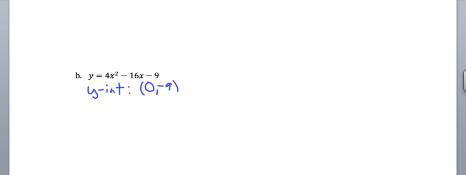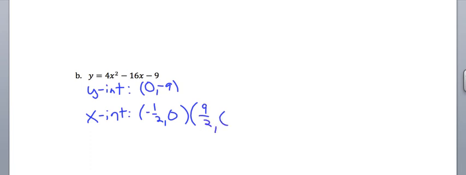What you should get for your x-intercepts is negative 1/2, 0, and you could either write 4.5, 0, or you could write 9/2, 0. Both of those would work just as well.